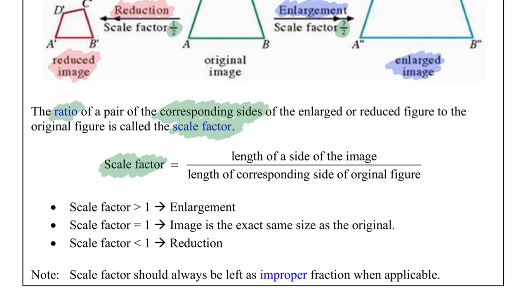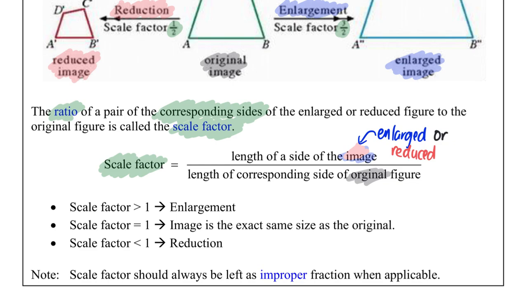So the original figure is the denominator, and the numerator is either the enlarged or the reduced image.